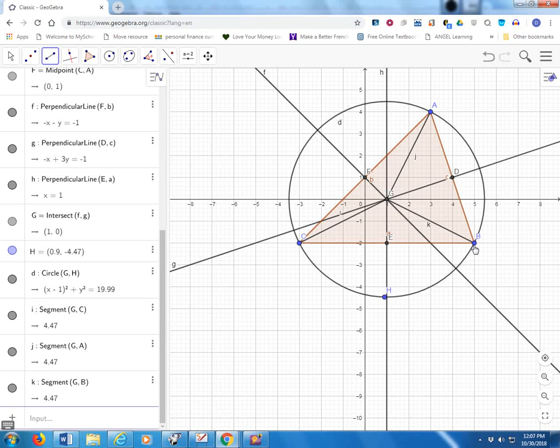Start at the center, G, and just draw a segment to each vertex of the triangle. Everybody with me? G to the vertices. G to C, G to A, G to B.